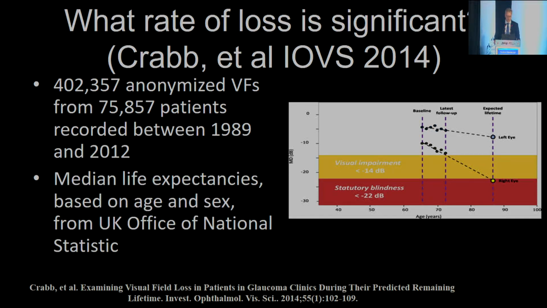He defined visual impairment as mean deviation worse than -14, and blindness as visual field sensitivity less than -22 decibels. He was looking at, for example, this patient here at baseline, how often they had a little bit of vision loss but never reached visual impairment, or somebody like this who became blind over time.